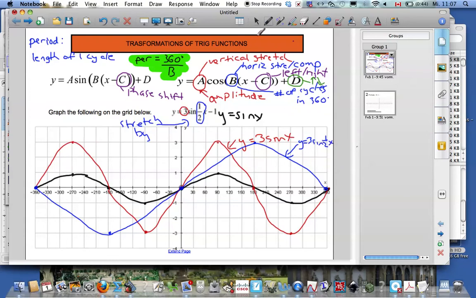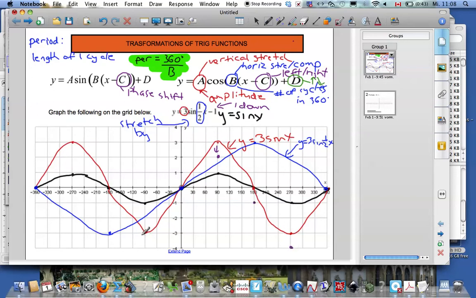Now is the easy bit. Once you've done all the stretching, the up, down, left, right is easy. You don't have anything in the brackets. You have no c, no phase shift, so there's no left, right. And then as for d, we're going to go 1 down. Now just literally take all your y values.